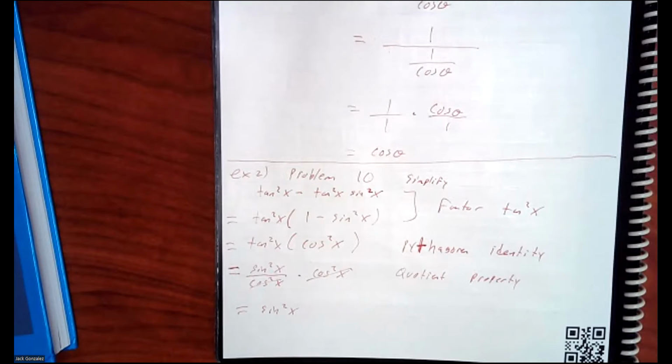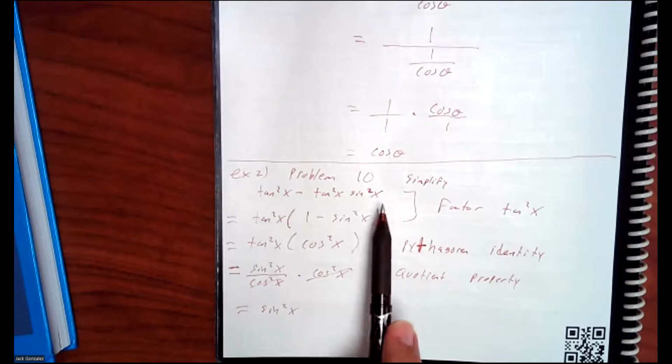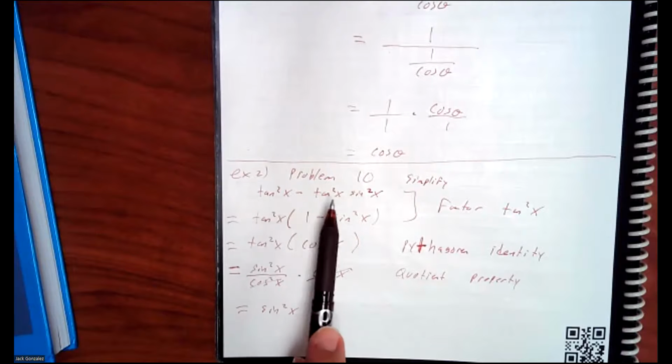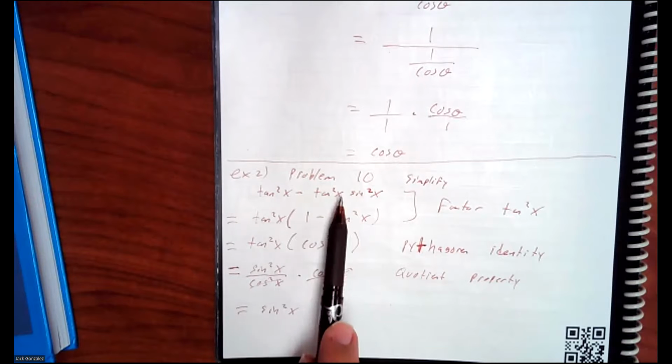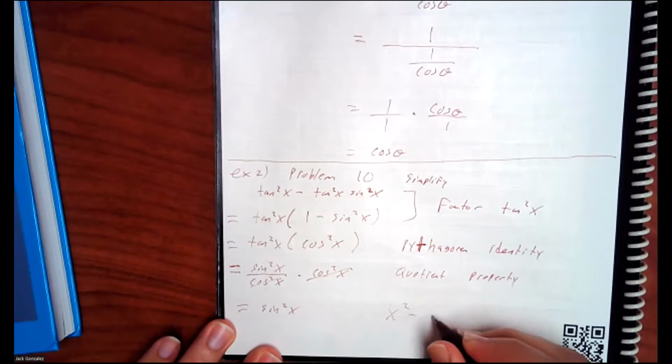I don't understand the first step. Like how you can factor it. I don't understand what you did there. So they both have a tangent squared in common, right? This is a single term and another term. Picture it as if it was an x squared minus x squared times tangent or times sine. You would pull out that x squared, right? Like for example, let's say we had this going on.